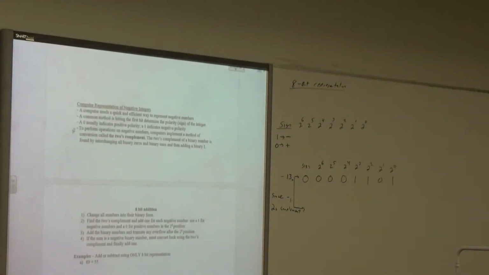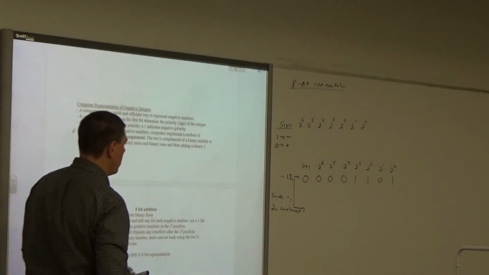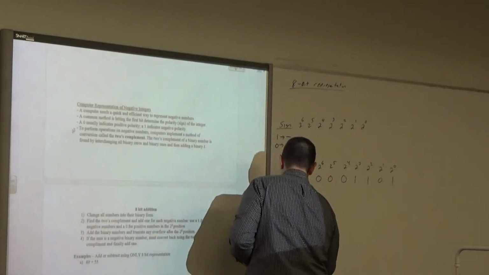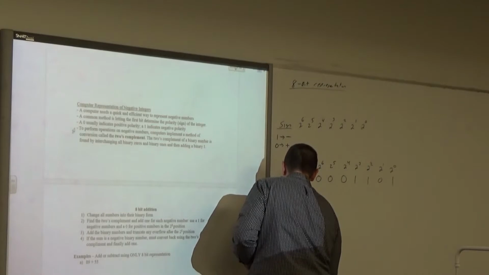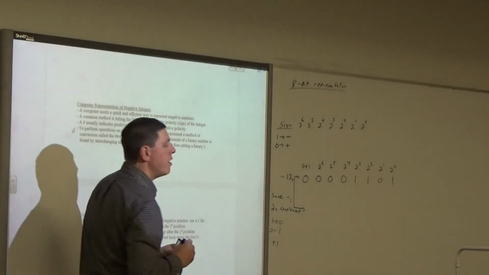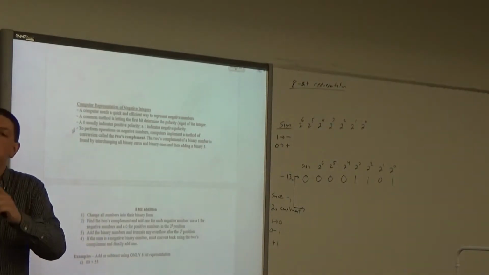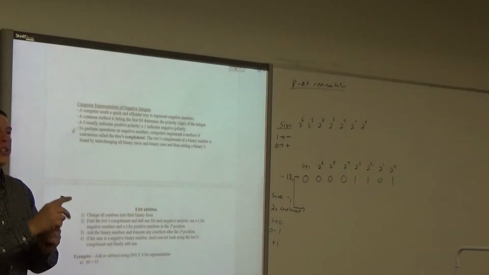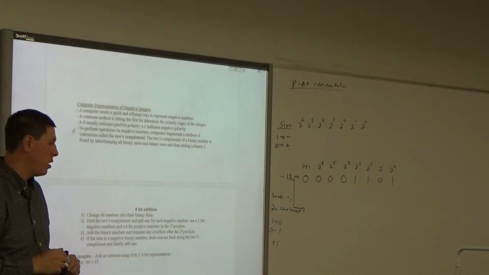What the 2's complement is, you change all the 1's to 0's, all the 0's to 1's, and then you add 1 at the end. So that's what a computer does to distinguish between negatives and positives. It changes the parity.